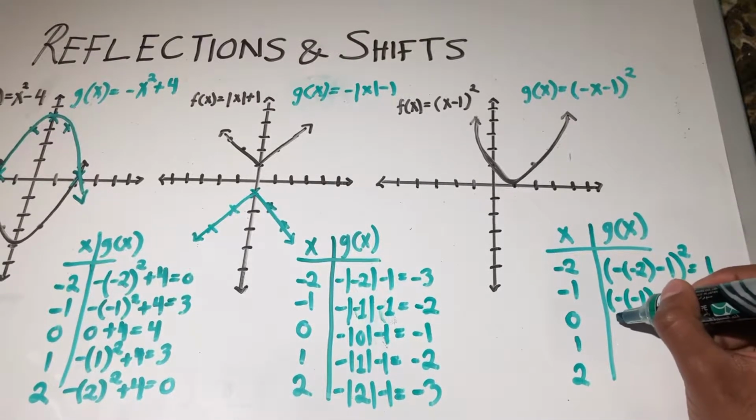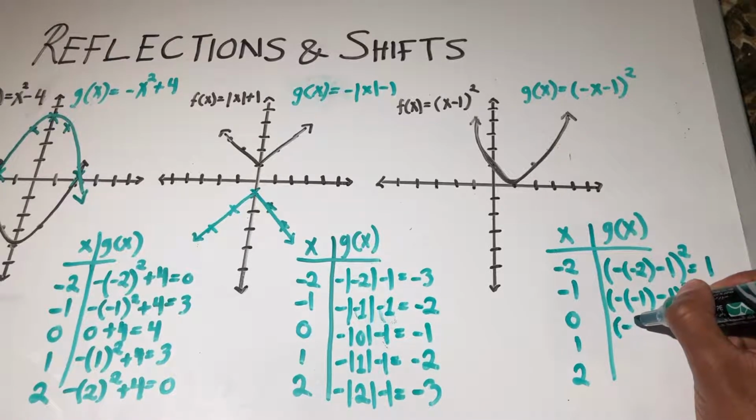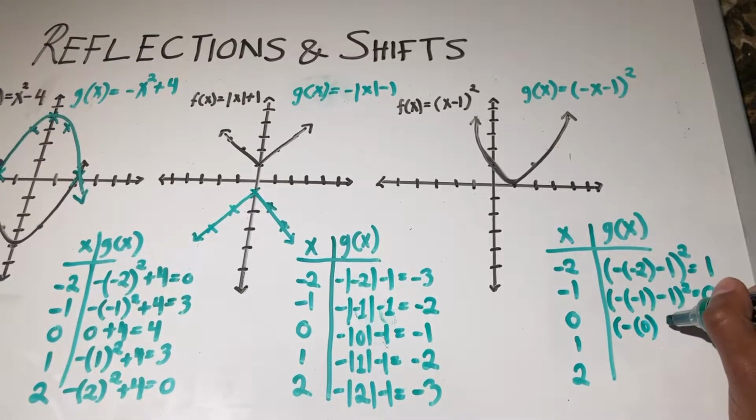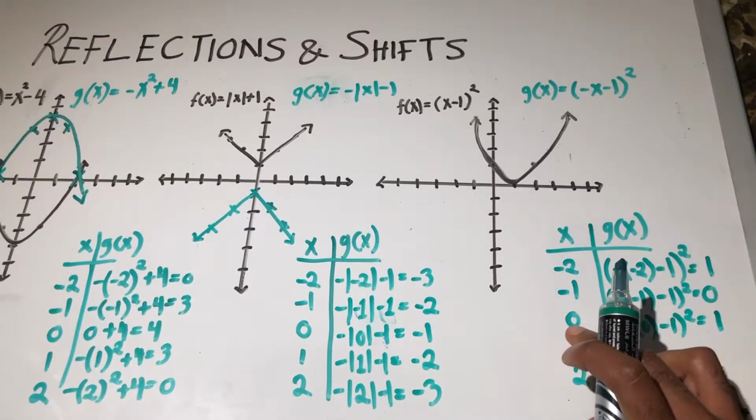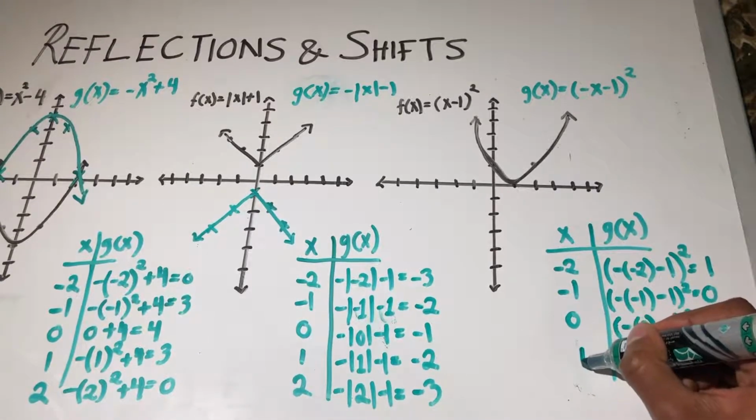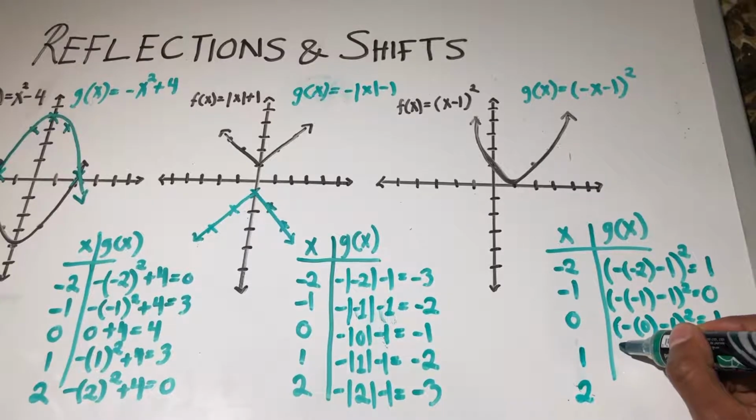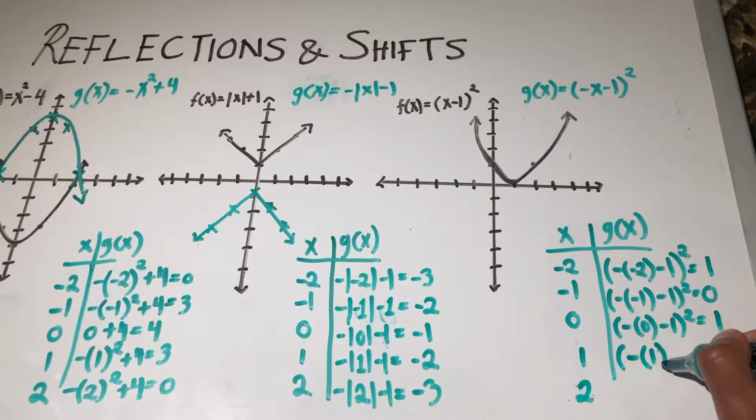Now we have 0. -(0 - 1) squared. So negative times 0 is just 0, and then 0 minus 1 is just -1, and then -1 squared is 1. Now we have 1. So -(1 - 1) squared.